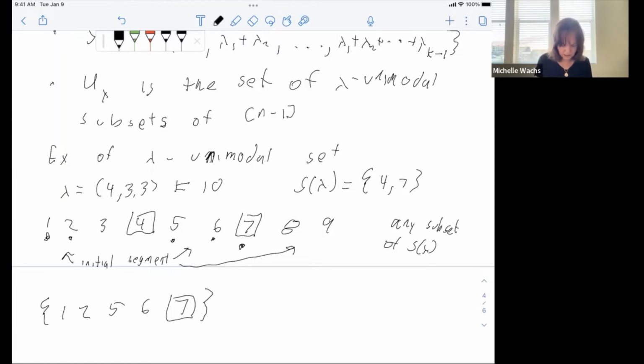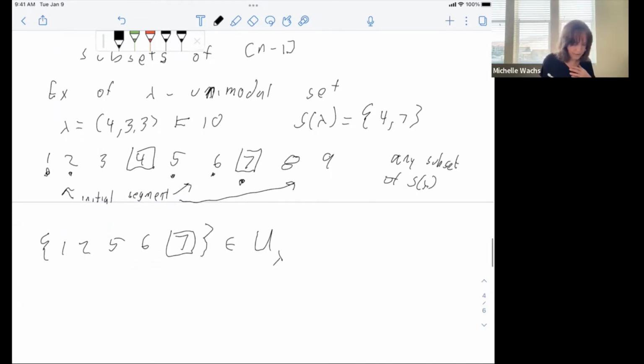So this is a lambda unimodal set where lambda is 4, 3, 3. So Athanasiadis applied this to our decomposition.